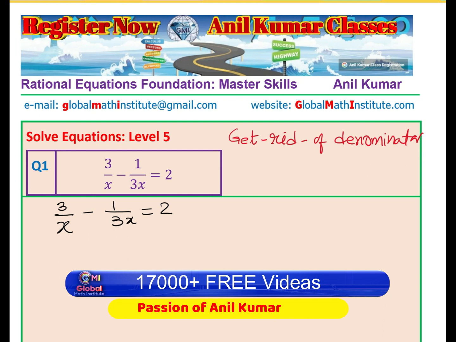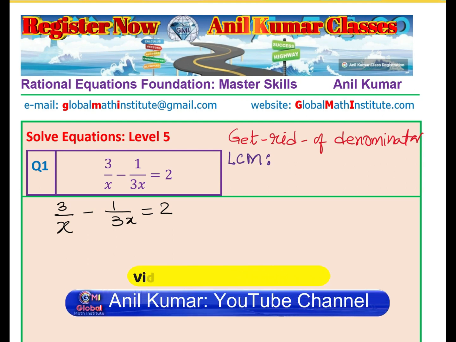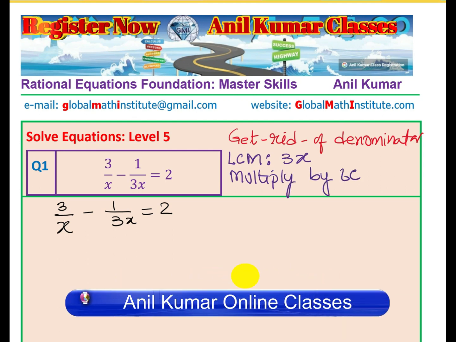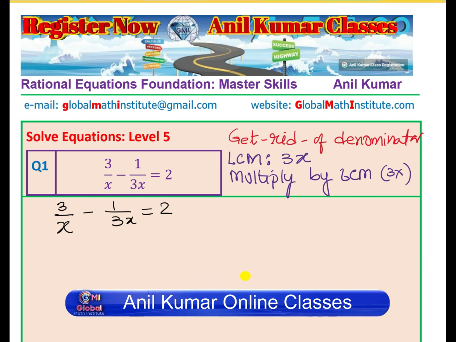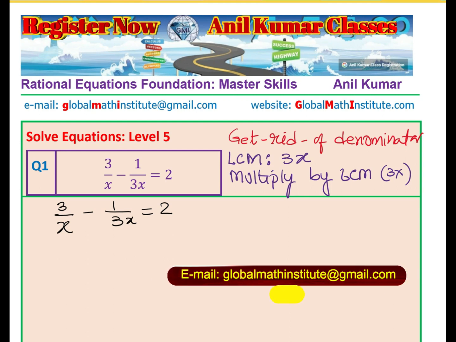For that, what we need is the lowest common multiple. In this case, for x and 3x, the lowest common multiple is 3x. And therefore, we'll multiply by the lowest common multiple, which is 3x. Is that clear to you? That will be our strategy to solve all the six questions. Perfect. So the idea is to get rid of the denominator. The concept is to find the LCM and multiply all the terms by the LCM.